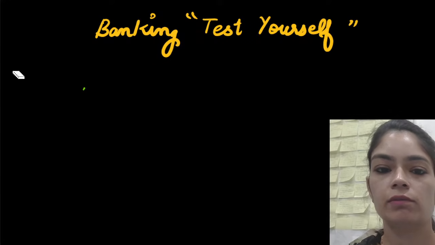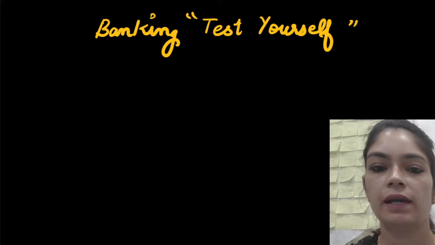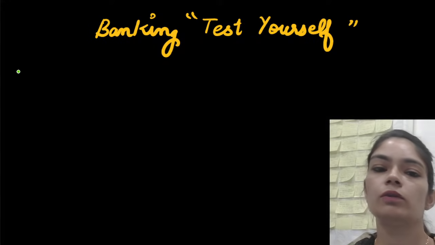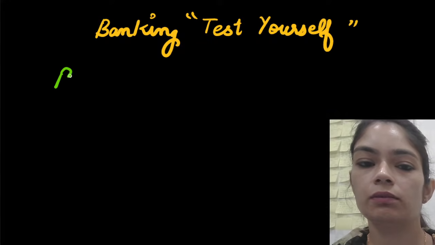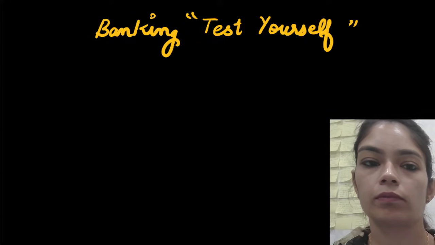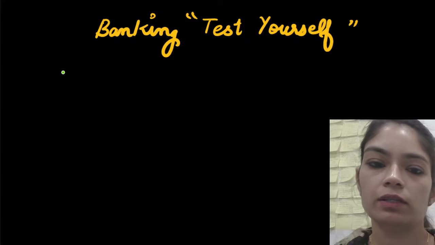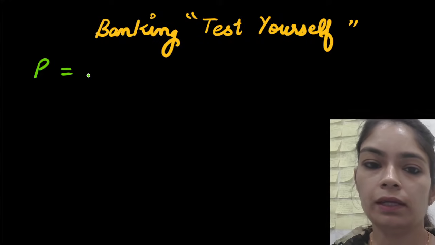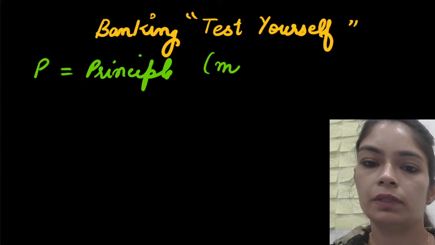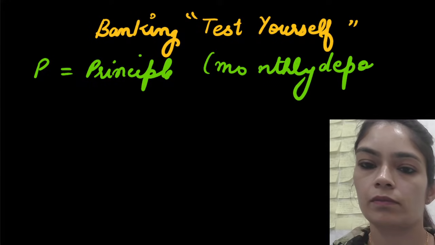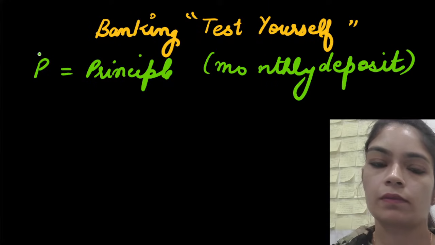So directly we will be starting with the exercise one formula. I'll give you the formula which we are going to use while solving the questions of this exercise. So terminologies I will tell you. So P is principal, which is monthly deposit. N is here number of months.